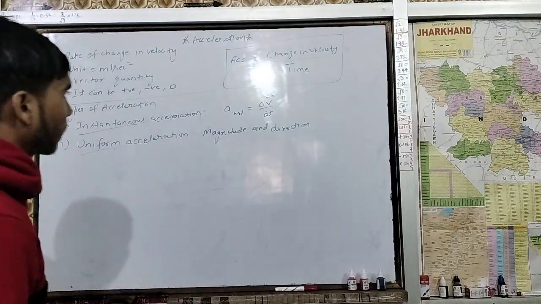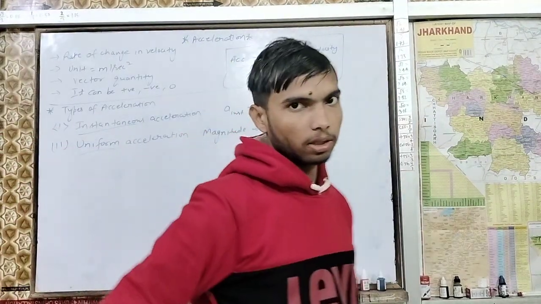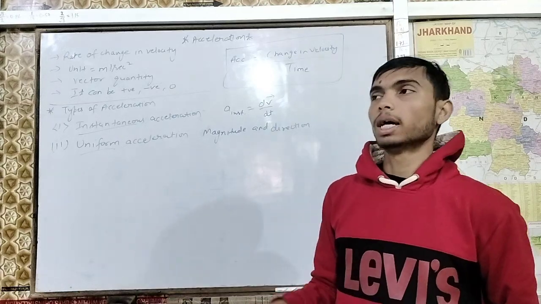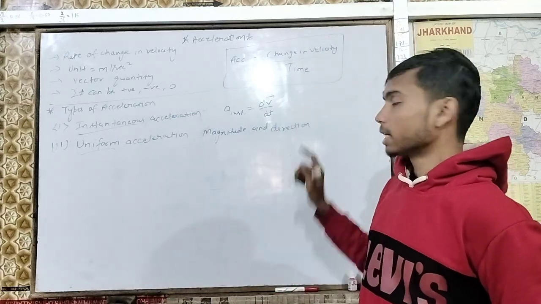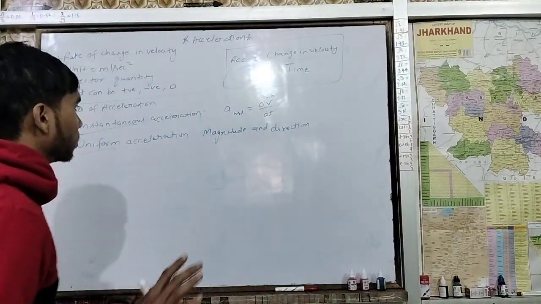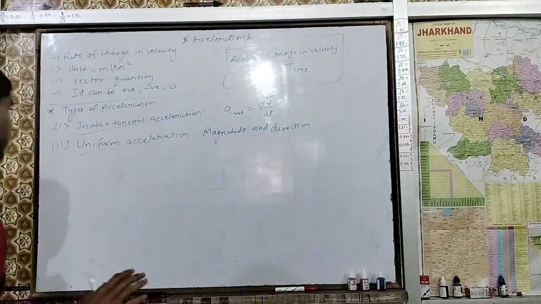For example, if acceleration is 5 meter per second squared, it will continue to be 5, in one direction, for all time.